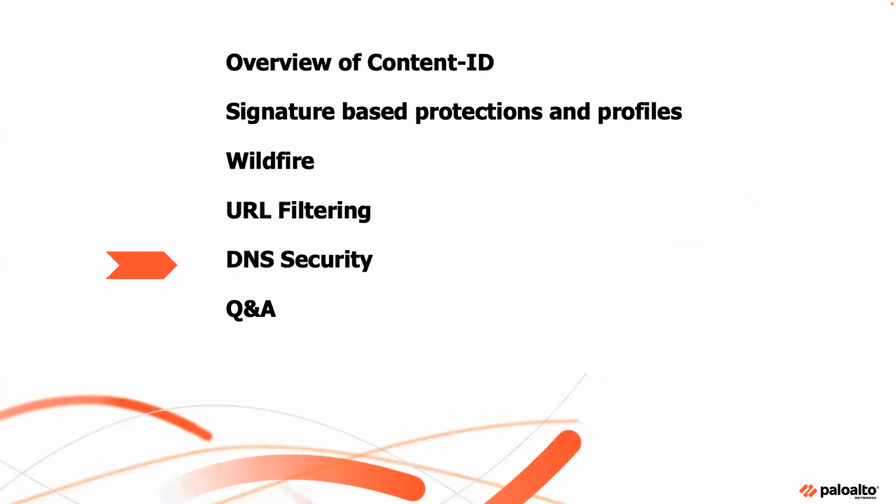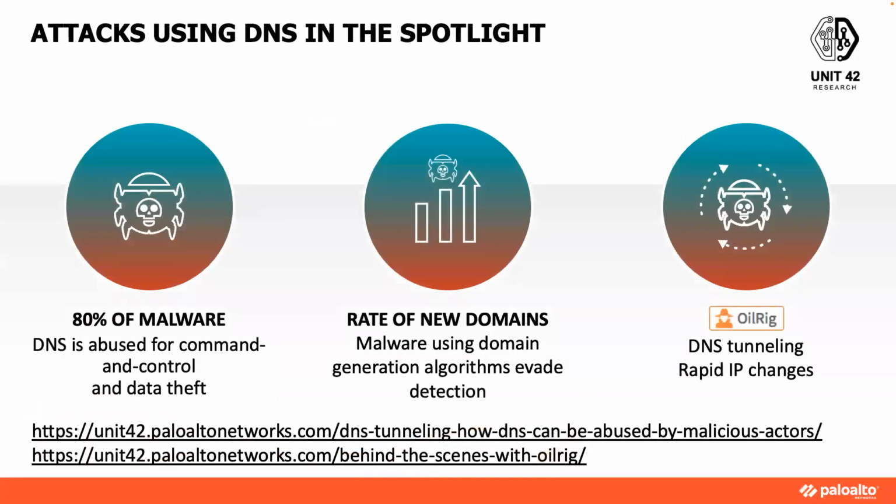Last thing I want to talk about is DNS security. DNS security is actually an additional subscription when it comes to Prisma Access. The idea is that there are lots of attacks out there. DNS Security is going to predict and stop malicious domains, automated attacks, leverages machine learning, and protects against different emerging DNS-based attacks like ultra-slow DNS tunneling, dangling DNS, DNS rebinding, stuff like that.